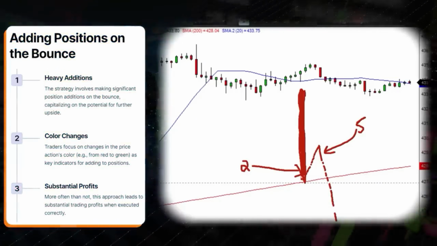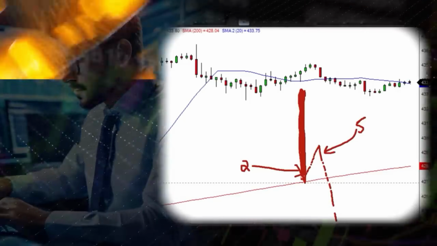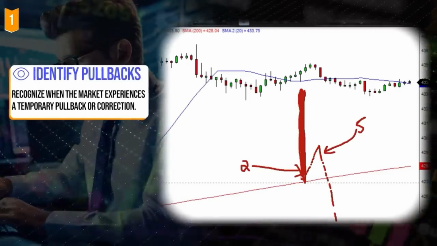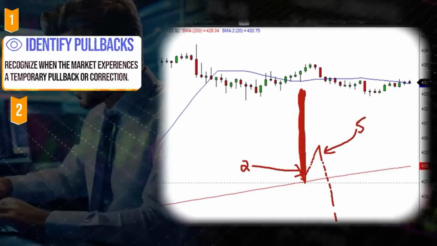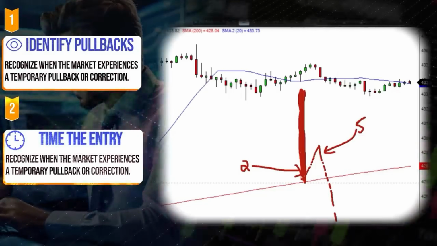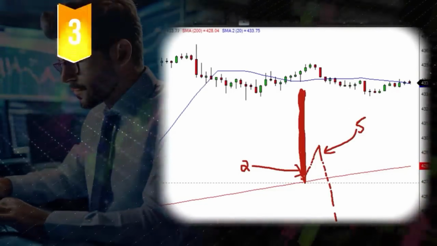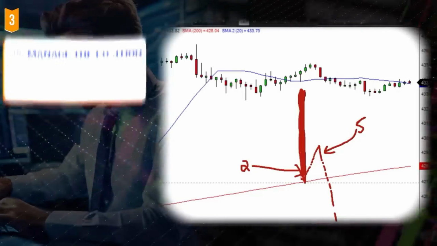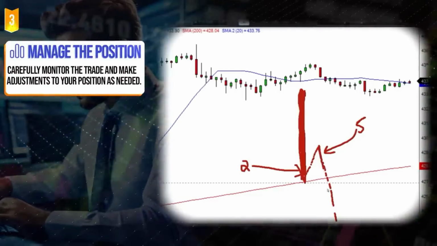I've got the highest probability. It's happening next to Babylon. I've got the highest probability that it's going to fail. So my add on a bounce, unless the bounce is violent, we'll get into that. My add on this bounce, on the color change, is typically heavy. Should it work, and it works most of the time, it's a huge score.